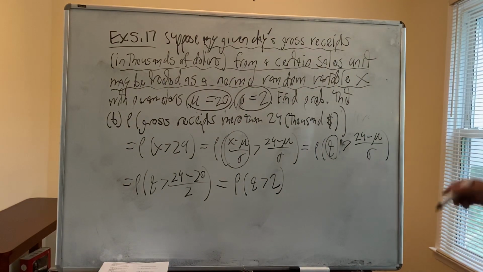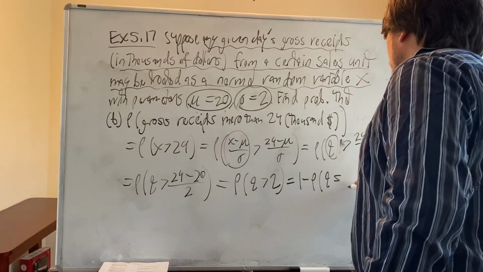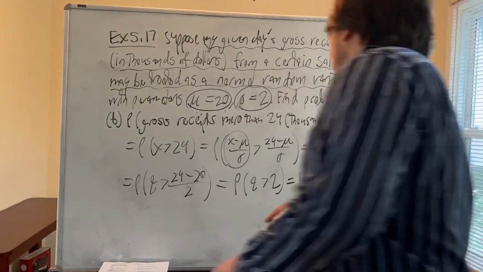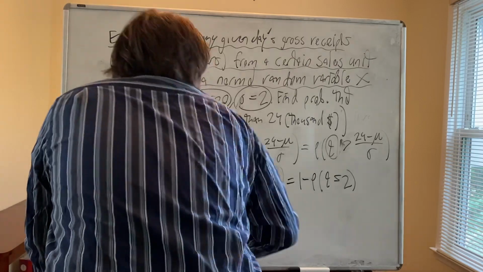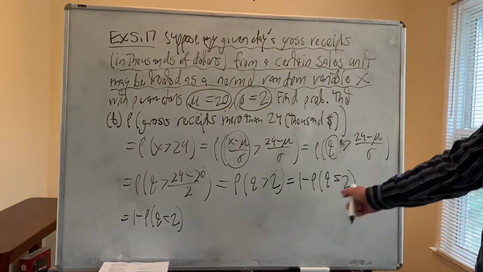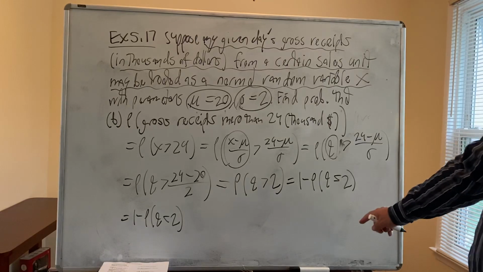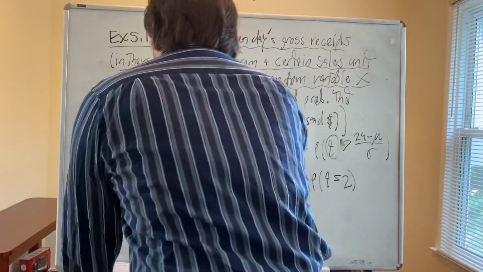So what's that probability? Well, that's equal to 1 minus the probability that Z is less than or equal to 2. That's equal to 1 minus the probability that Z is less than 2. You can get rid of the equals there. Right? The probability that Z, a continuous random variable, takes on any one particular value is 0, so you can remove the equals and just be strictly less than 2.